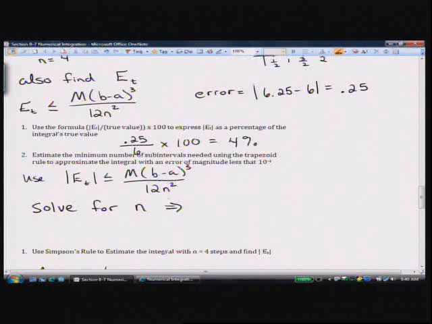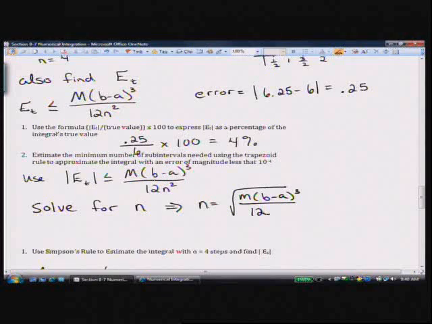Are y'all feeling that? So you could multiply both sides by n squared, then divide the other side by E of T, and then take the square root, and that would solve the equation for n. So n would need to be equal to the square root of M times (b minus a) cubed over 12, and then you have that E of T because you divide by it.